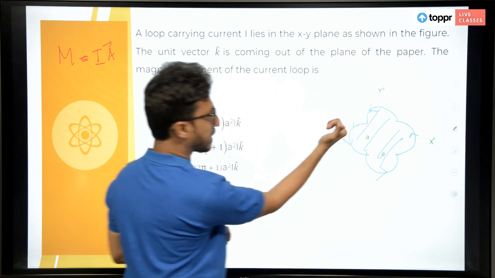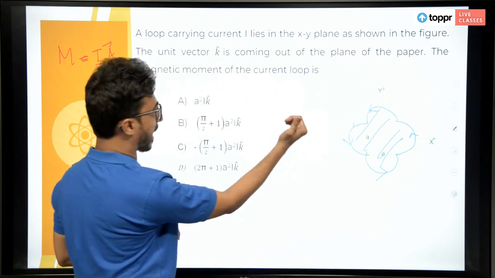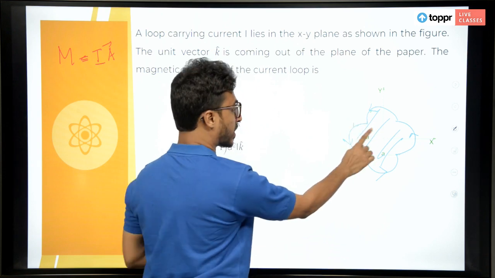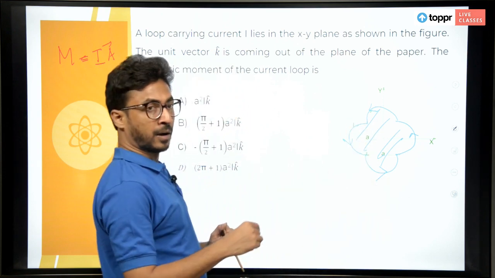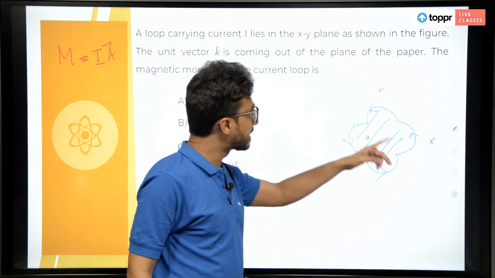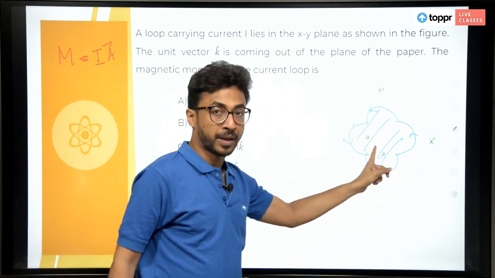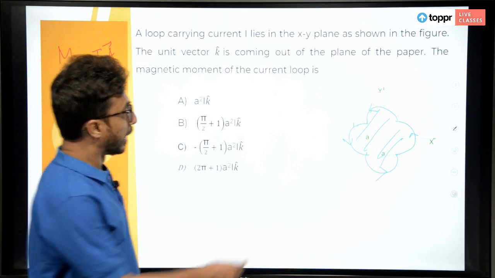So the magnetic field is produced in this direction, which is in the positive direction of the z axis, that is unit vector k, and we have to find out the area of this loop.